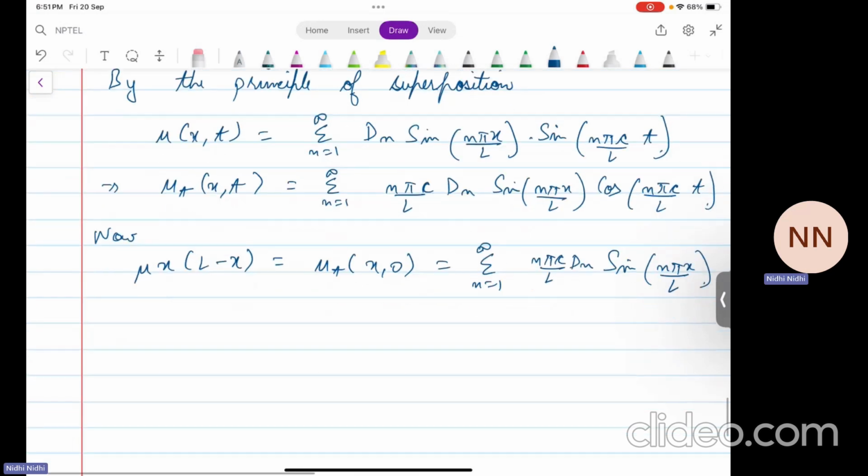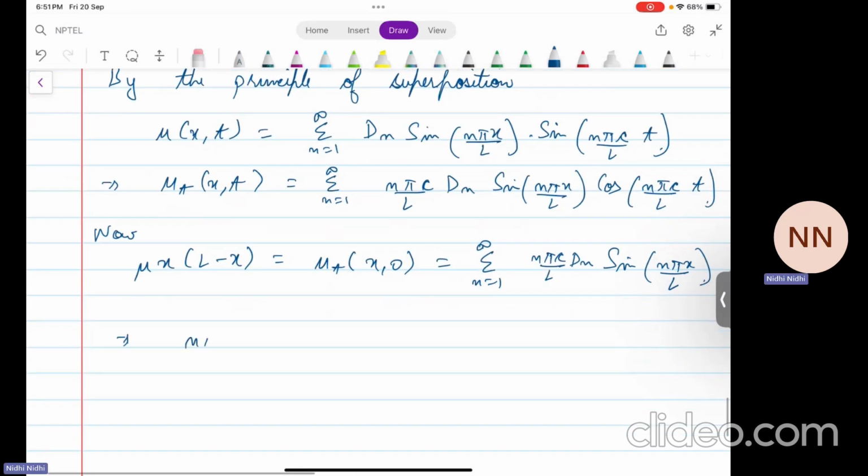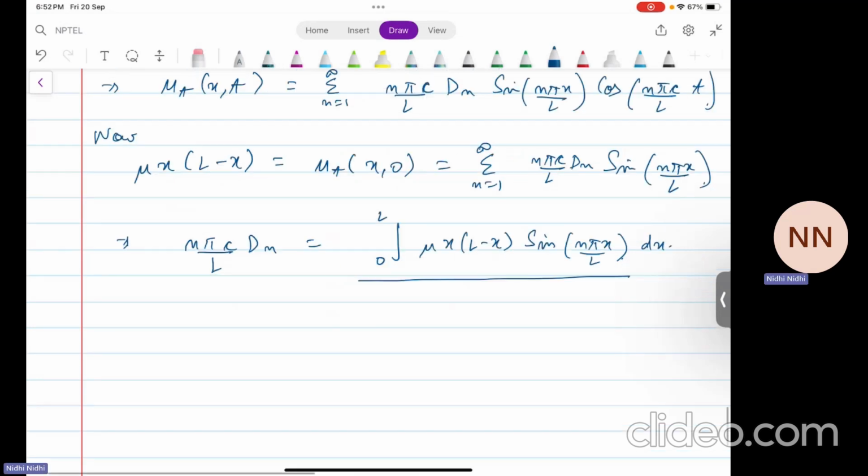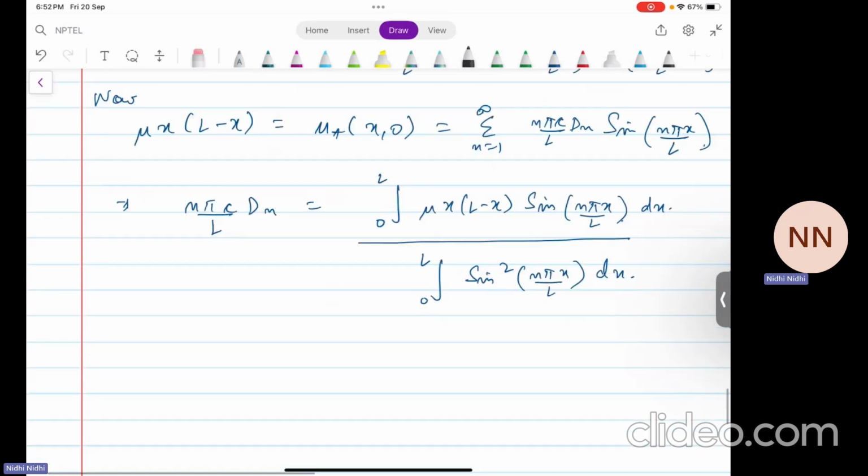So from here we get that n pi c by L times dn can be evaluated as the integral from 0 to L of mu x (L minus x) times sine(n pi x by L) dx, divided by the integral from 0 to L of sine square(n pi x by L) dx. Now let's just evaluate these integrals.